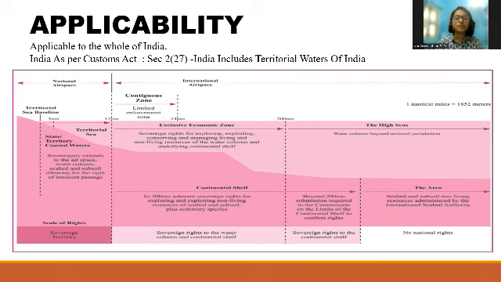That is, those provisions relating to the water column and the continental shelf where India has sovereign rights. So it applies to the whole of India, including territorial waters, which is 12 nautical miles, and certain provisions are applicable to exclusive economic zones as well, which is 200 nautical miles from our coastal baseline.